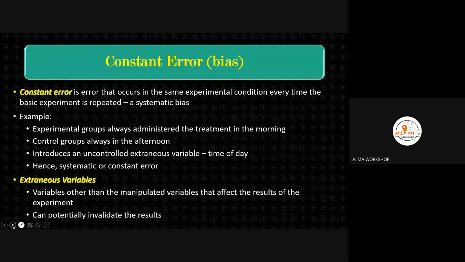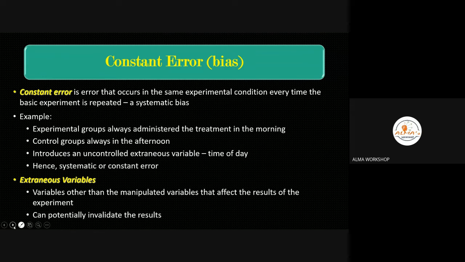Here in experimental research design, you talk about constant error. Since we are doing research with human beings, automatically you will come across errors, and how we are going to reduce those systematic or constant errors. All these terminologies you may have to know. I'll be dealing with it in future classes.